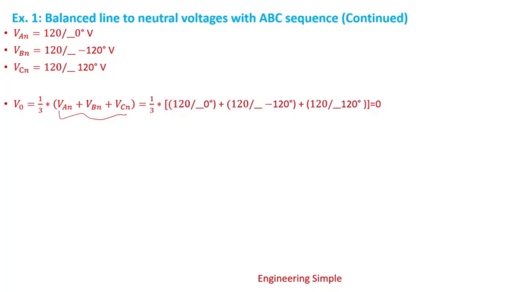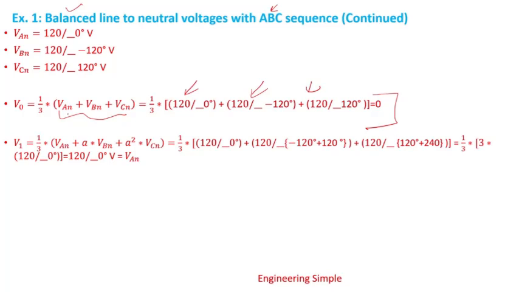If I replace them with their quantities here and carry out the calculation, I get 0, which should be expected because the problem statement says balanced ABC, which means it's positive sequence. That means I should not see zero sequence or negative sequence components. I should only see positive sequence. So let's see if we can see that.